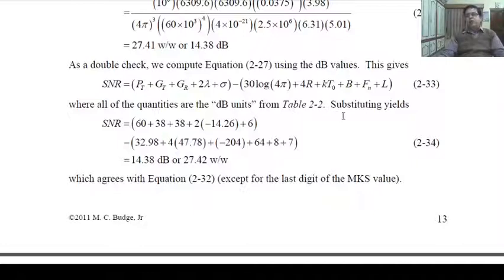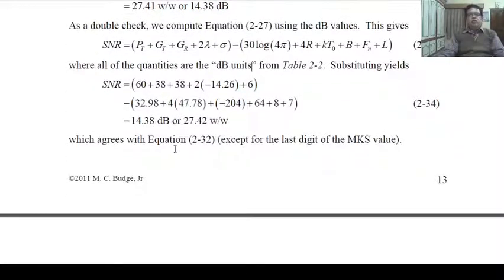From table 2.2, substituting yields SNR equal to 14.38 dB or 27.42 watt per watt, which agrees with equation 2.32 except for the last digits of the MKS values.